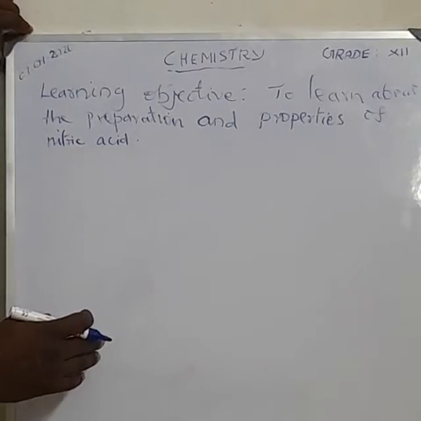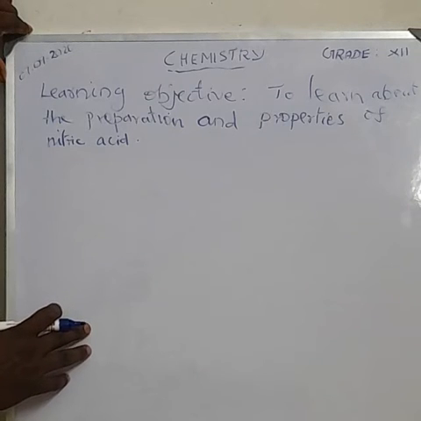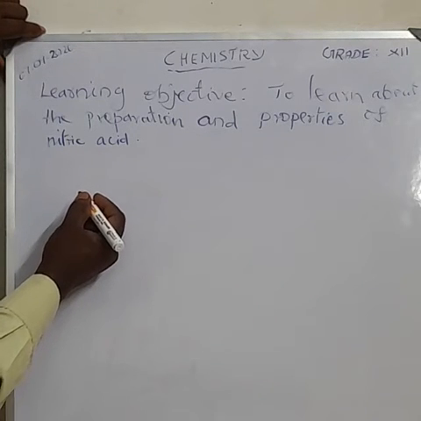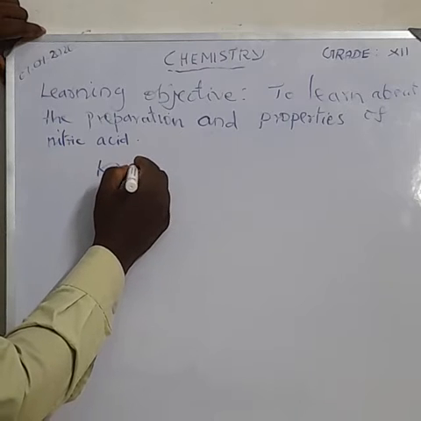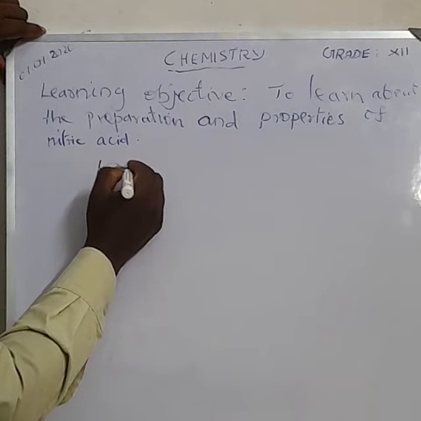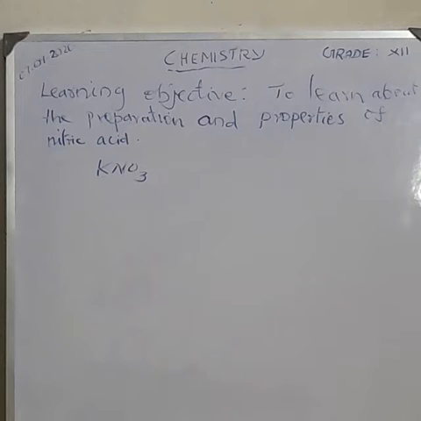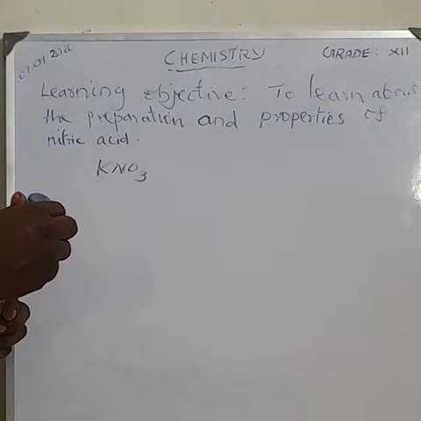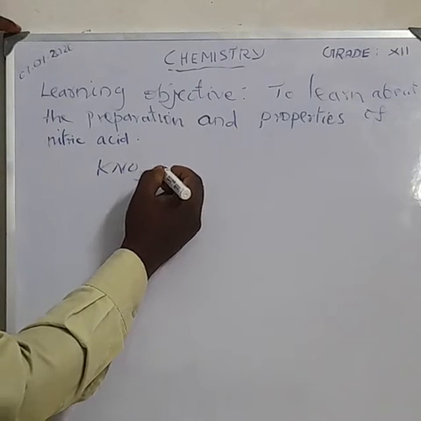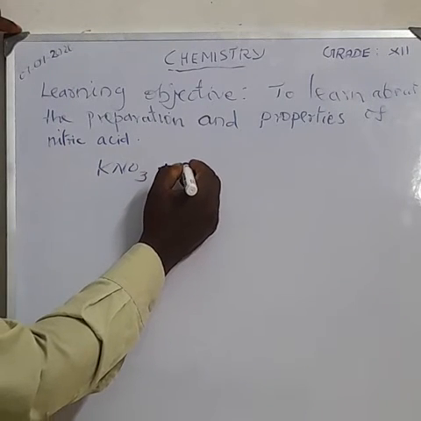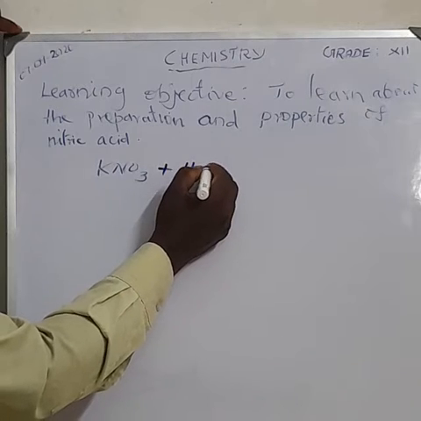We can discuss the reaction between potassium nitrate and sulfuric acid. What is the formula for potassium nitrate? KNO3. This potassium nitrate reacts with sulfuric acid, H2SO4.